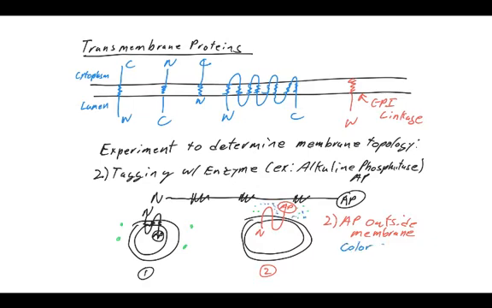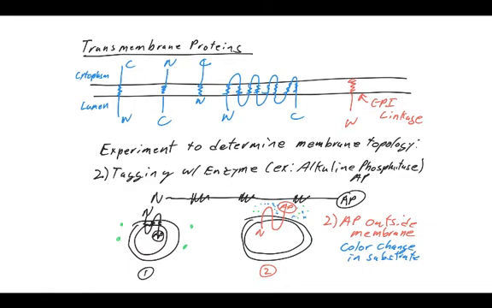So the substrate changes color. And so you can tell based on where the alkaline phosphatase ends up, whether it's inside or outside, and if you have an idea of how many transmembrane domains you have in the protein, you can figure out the topology based on where the C terminus ends up.